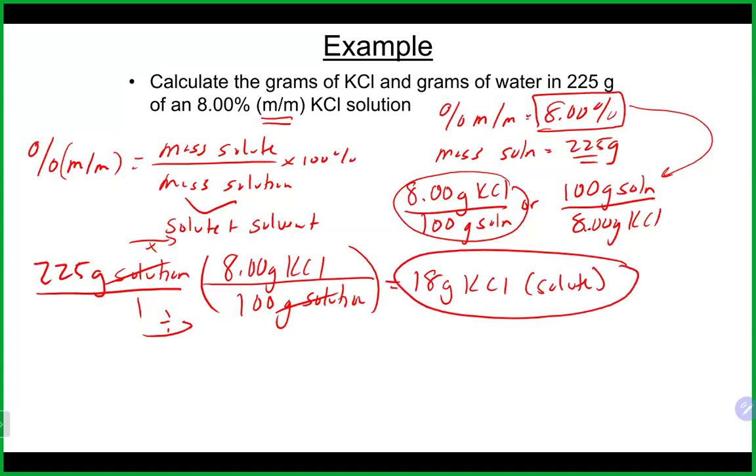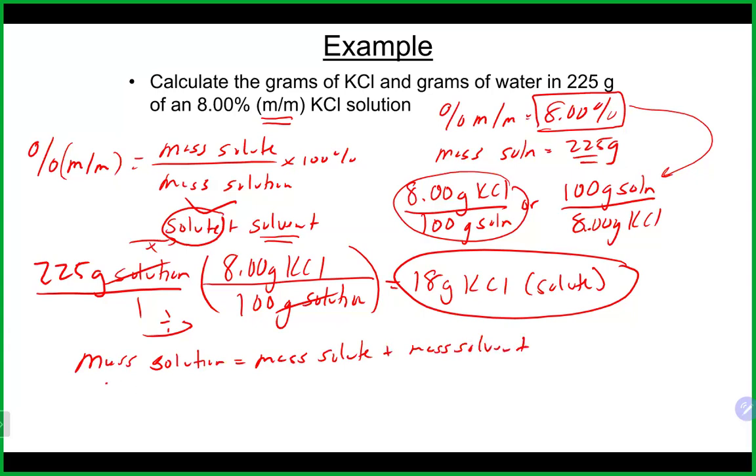First off, any questions on that part of the calculation? Now that I know how much of my solution is the solute, that would actually be this number. Now I could use the solute and the mass of the solution to figure out how much of the solvent there is, which in this case probably would be water. So we know the mass of the solution is the mass of the solute plus the mass of the solvent.